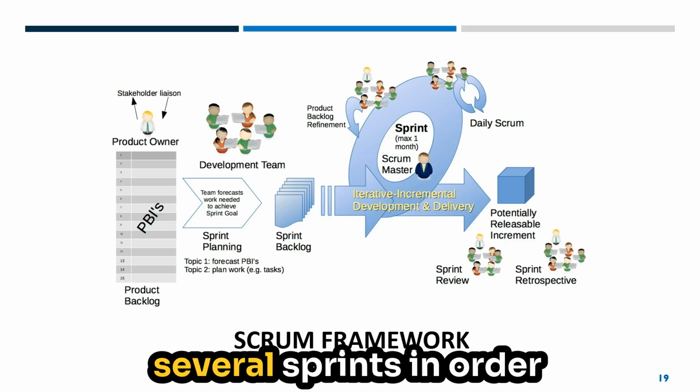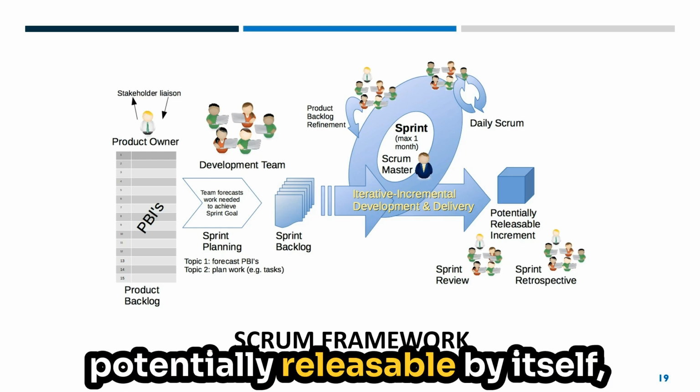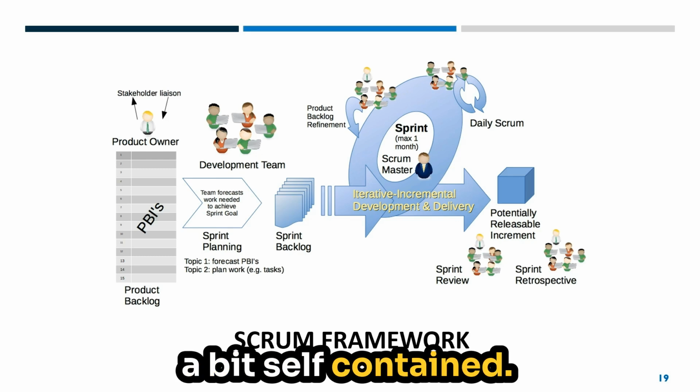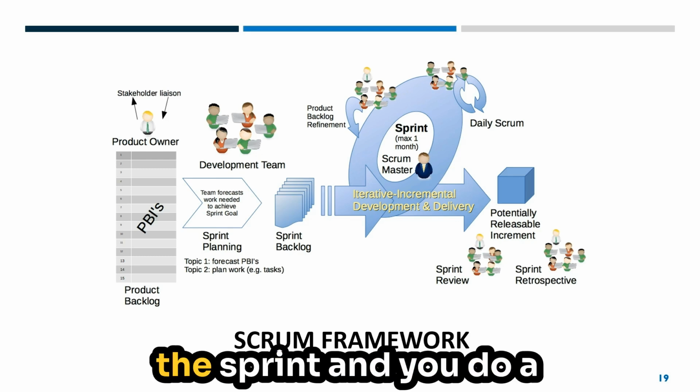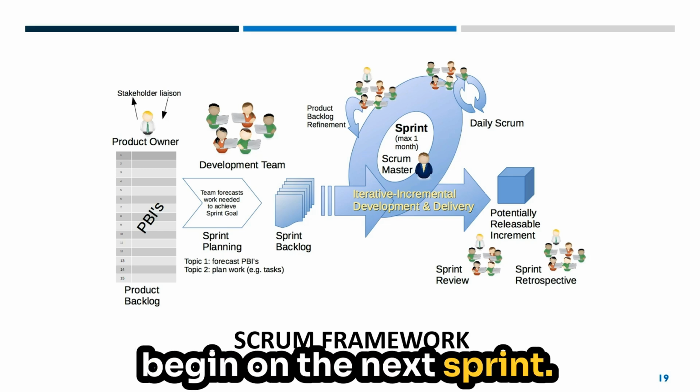A project will go through several sprints in order to achieve big goals. Each sprint should be potentially releasable by itself, so it needs to be a bit self-contained. After it's finished, you review the sprint and you do a retrospective, and then you begin on the next sprint.